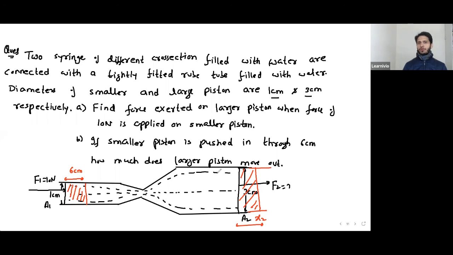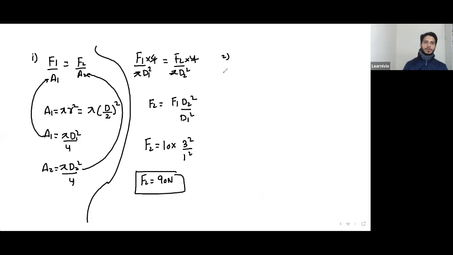Both volumes should be equal because the volume that you are pushing inwards is the one which is getting pushed outwards. So you can solve it using this simple logic that the volume of liquid pushed inwards is exactly equal to the volume of liquid pushed outwards.